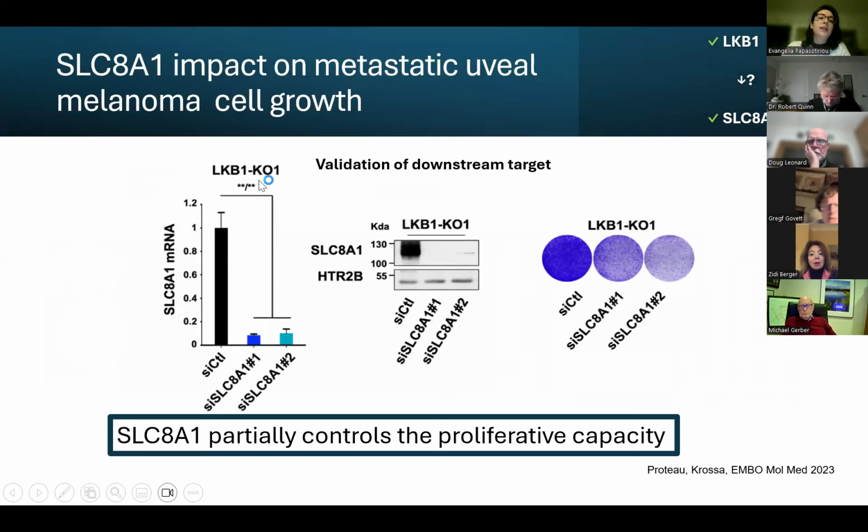Indeed, in LKB1 knockout conditions, where SLC8A1 should be overexpressed, they used an siRNA gene silencing protocol, another inhibitory technique, to reduce SLC8A1 at the mRNA level and at the protein level. And they saw the opposite effect, exactly what we were expecting after the inhibition of both molecular targets. And so SLC8A1 partially controls the proliferative capacity.